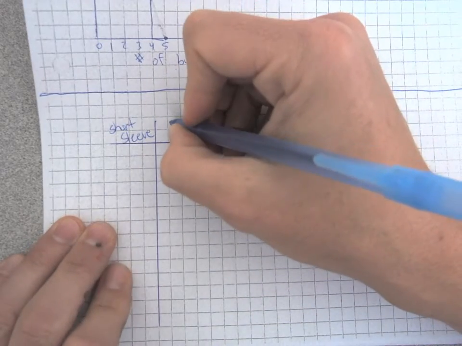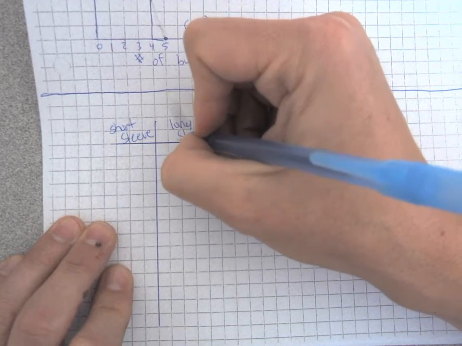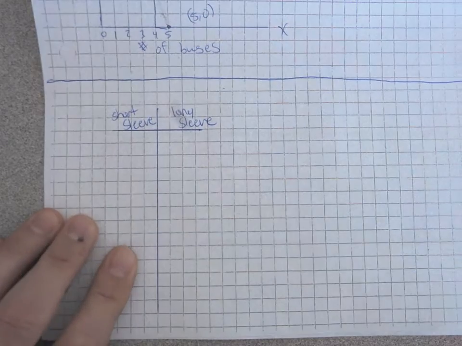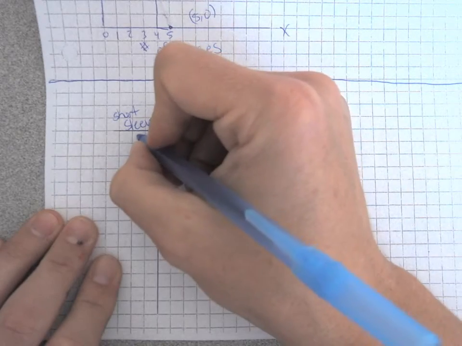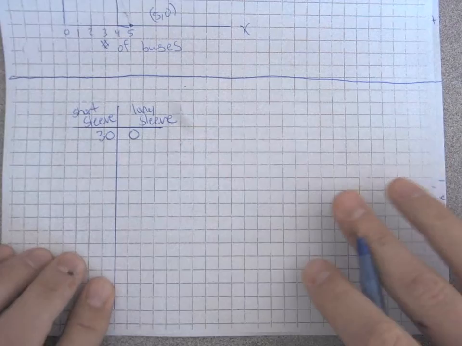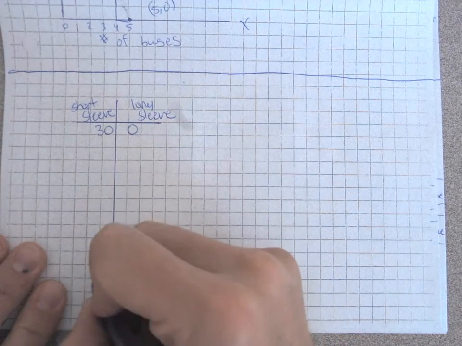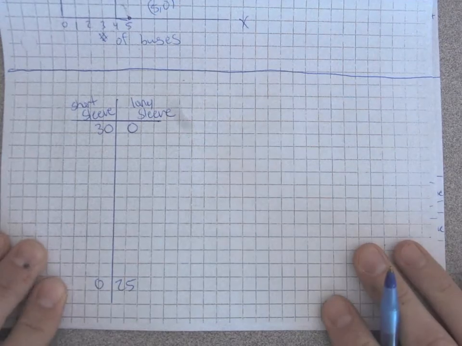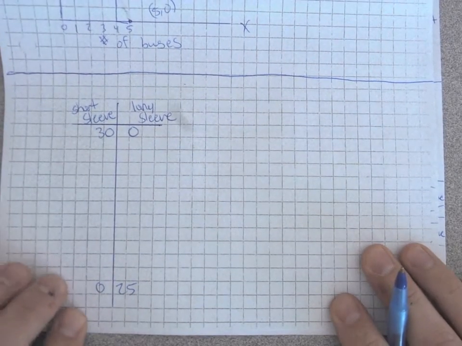And on my right, I'm going to put my y variable, which was long sleeve. And then I'm going to put a couple points on here. So the two combinations I already know is I could get 30 short sleeve shirts if I get 0 long sleeve. We already talked about that. We also know that if I get 0 short sleeve, I can get 25 long sleeve. So those are my two points that I have so far.